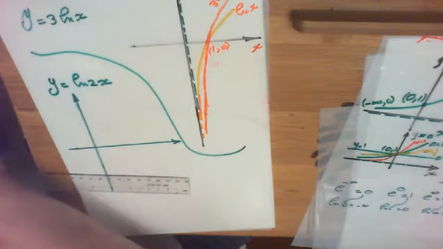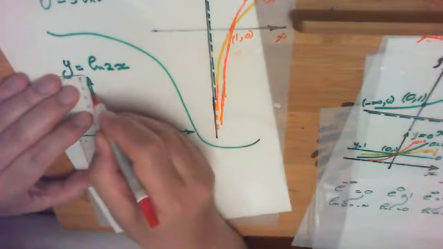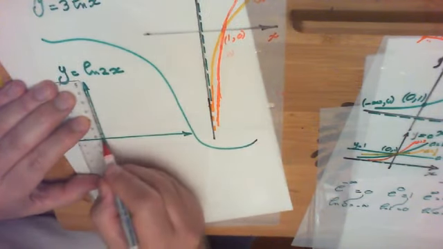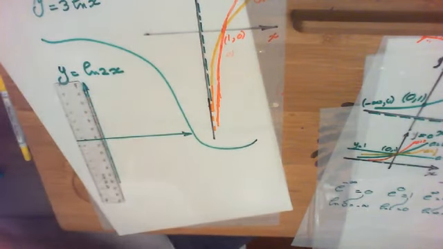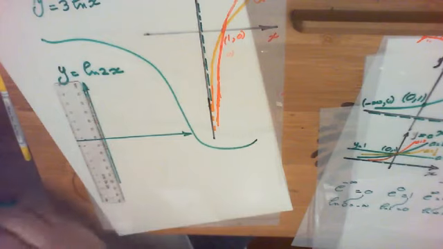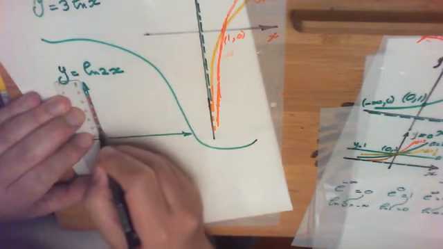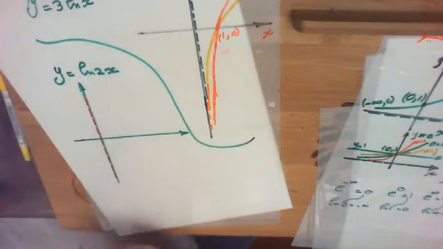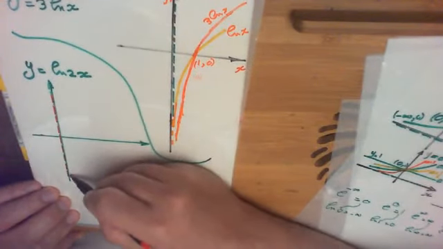Still, the y-axis is a vertical asymptote. And the curve will be like this.